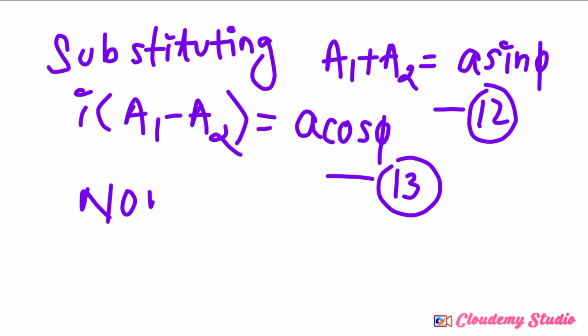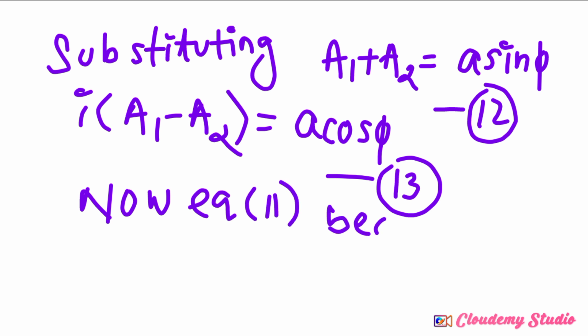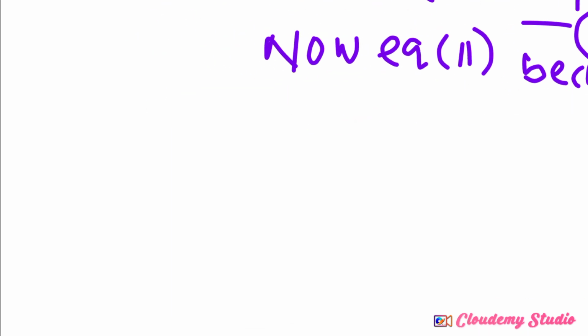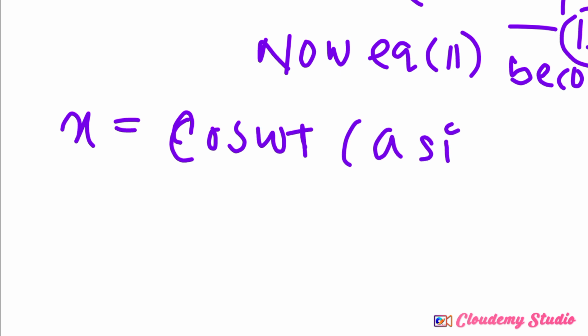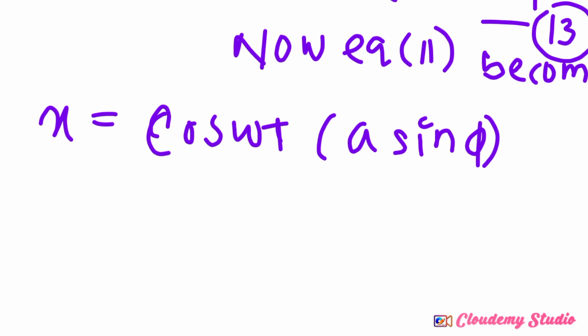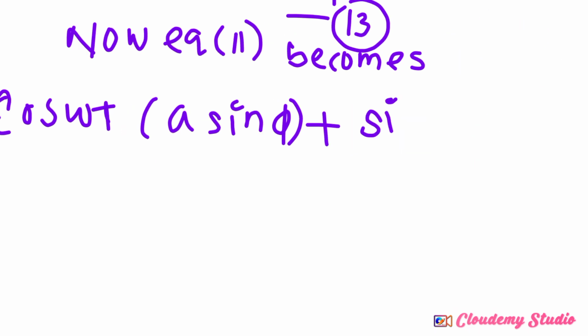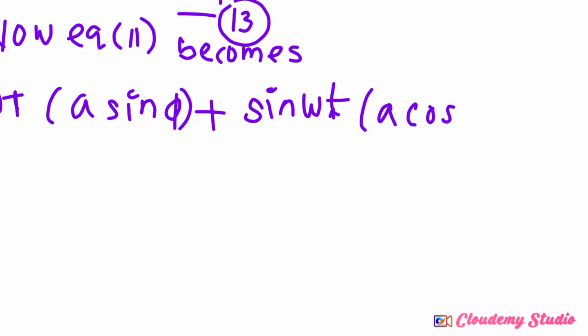Now equation number 11 becomes x is equal to cos omega t a sin phi plus sin omega t a cos phi.